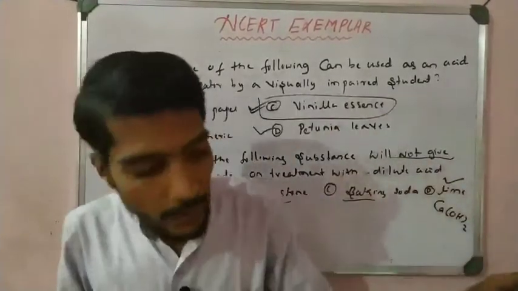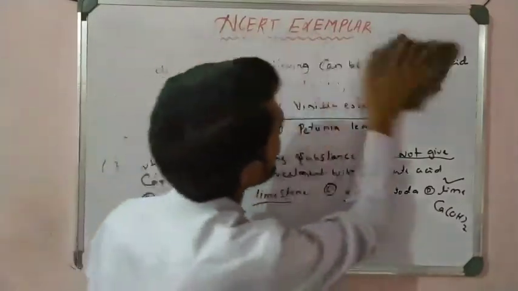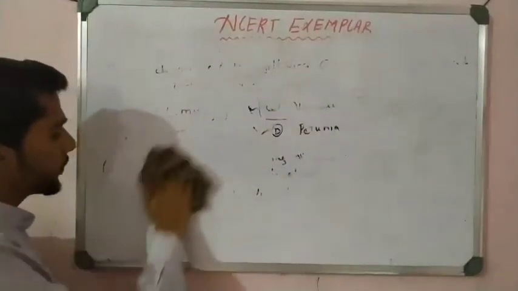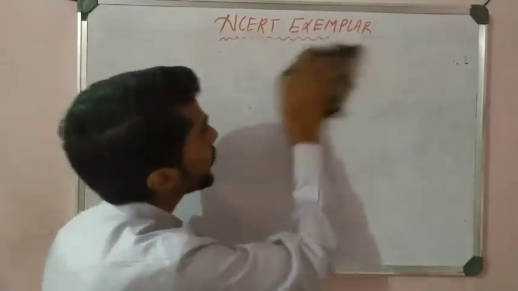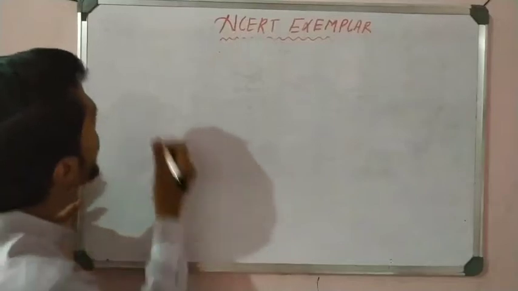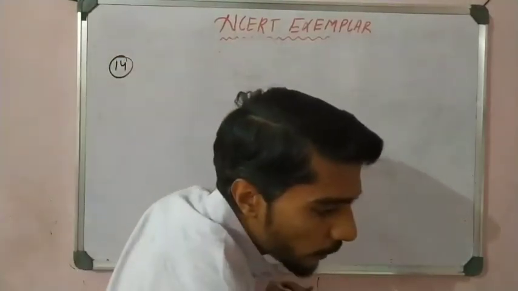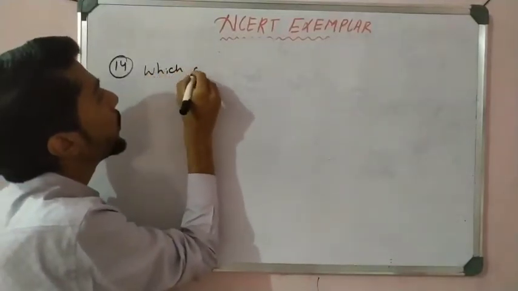Now see the next question, question number 14. It is also a basic, direct question. It requires knowledge of acids and bases, and the examples are very important. Question number 14: which of the following is acidic?